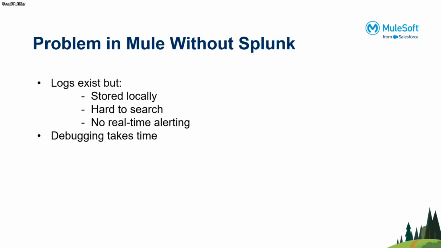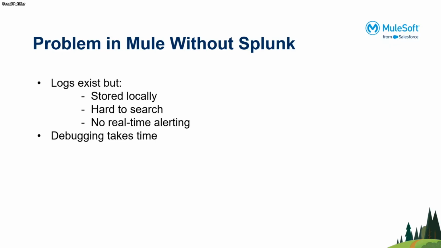By default, logs are stored locally on the server in log files. This means we need server access. We have to manually open log files, which is not scalable, especially in distributed systems or cloud environments. And these logs are hard to search. If we want to find a specific error, we have to go to the server, open large log files, or manually search.